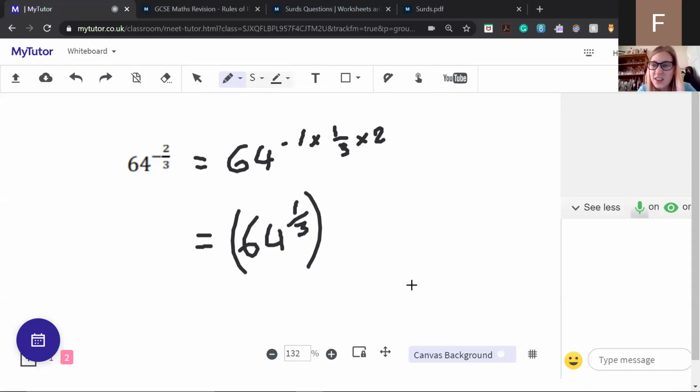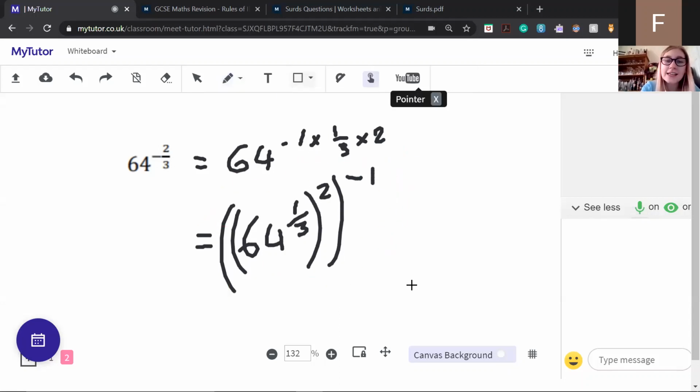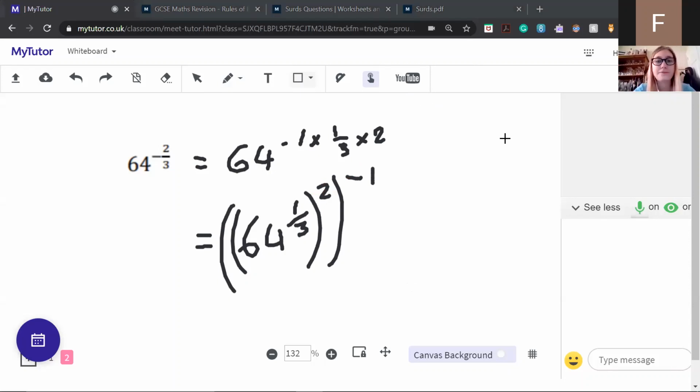And normally the minus 1 last, though it doesn't matter. Just here, I don't want to do 64 squared, so I'm going to do this to the 3rd first, then squared, then minus 1. So hopefully you can see that this is exactly the same as this. All I've done at the moment is just split it up: to the third, squared, to the minus 1. Just shout if that doesn't make any sense, because this is the main thing here.